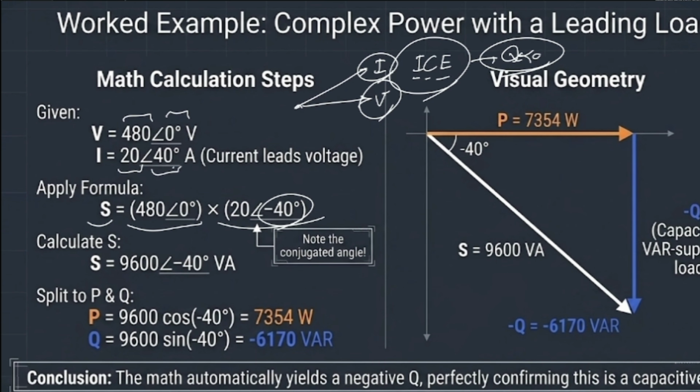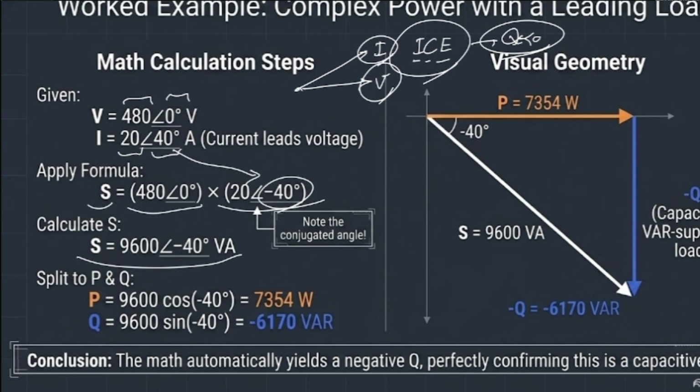The conjugate means that you only have to flip the sign of that 40 angle, which is going to be -40. So if you calculate that one, your S is going to be 9600 with the angle of -40 degrees. So if you would like to find P and Q, you move back and use the formula that we already know: 9600 cosine of this value, and 9600 sine of this value, which is going to give you the active power and reactive power.